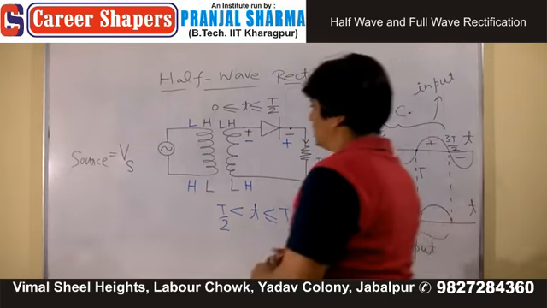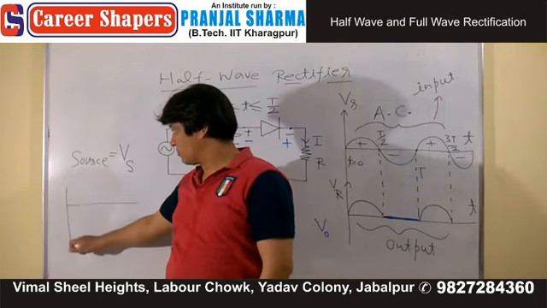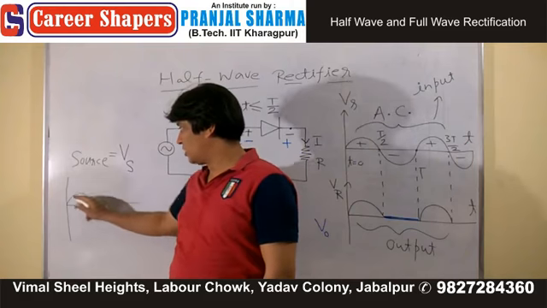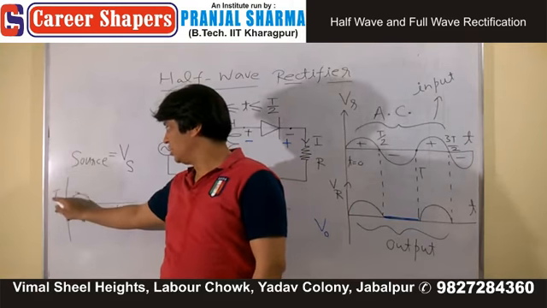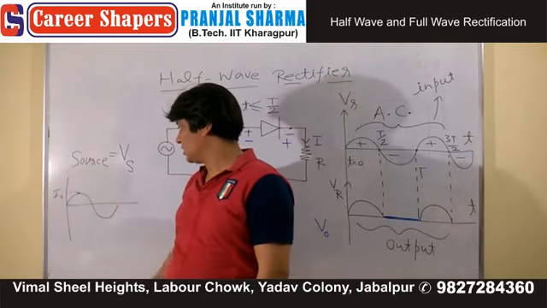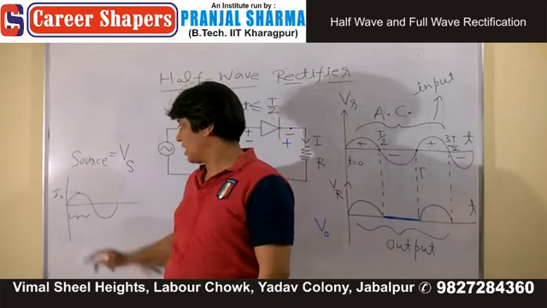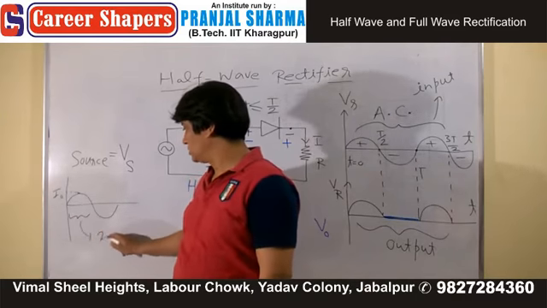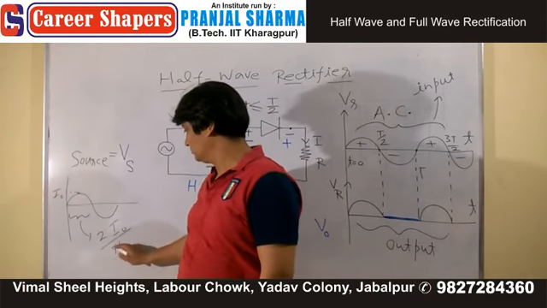I'll give you a hint. For alternating current, when peak value was I naught, average for half cycle was 2 I naught upon pi.